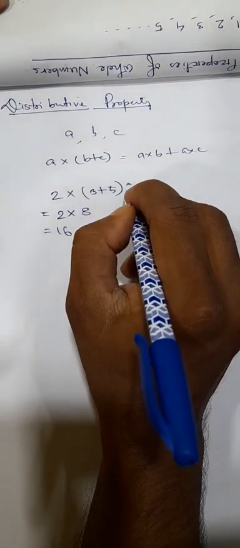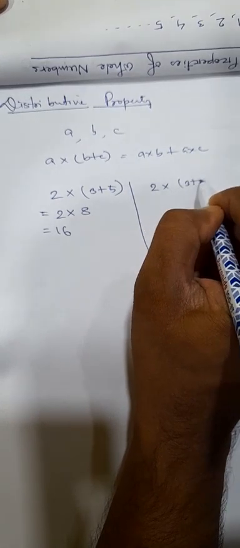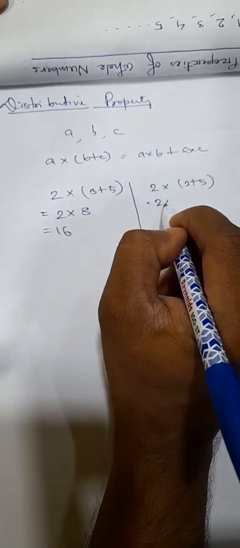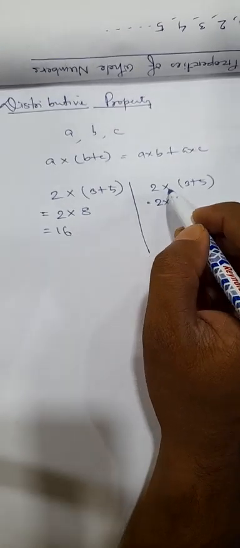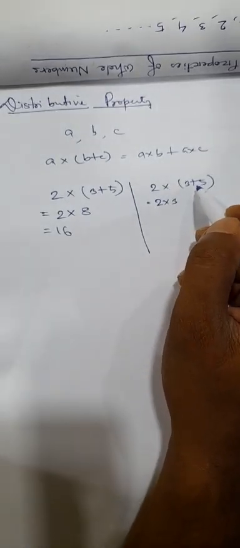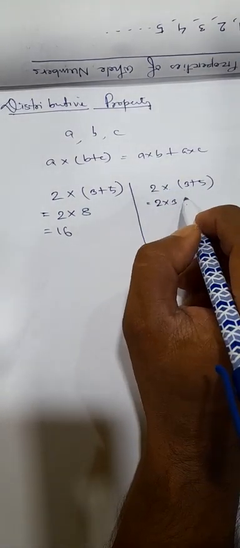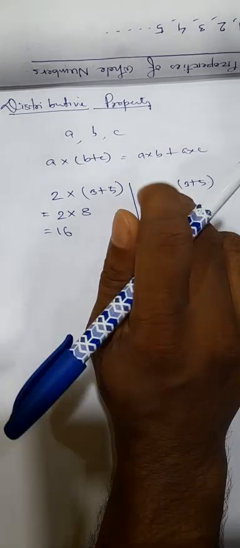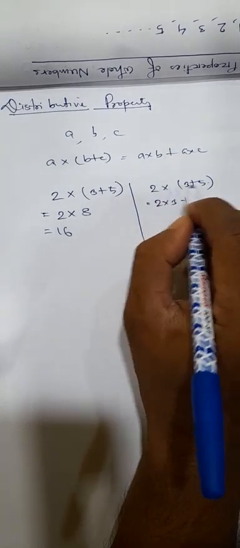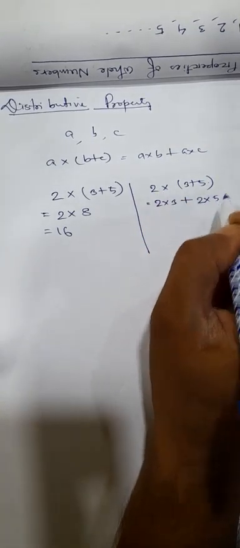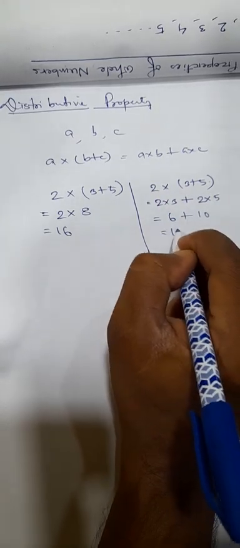Now instead of doing this, we'll do like that. 2 into (3 plus 5) equal to 2 into 3 plus 2 into 5. We'll distribute the operation of multiplication with the numbers within the parentheses. So first we distribute with 3, 2 into 3. Then we distribute the multiplication with 5, 2 into 5. 2 3s are 6, 2 5s are 10, 16.